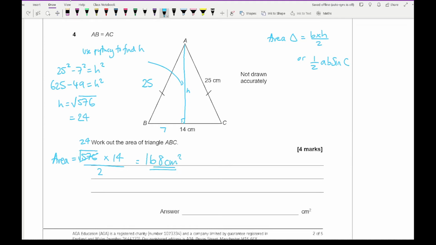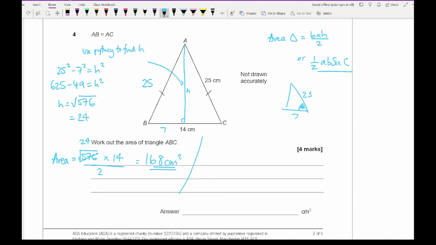Now, an alternate way I could do is use this formula here, half AB sine C. Because this is an isosceles triangle, we can work out the angle from the triangle. If I just take those two sides, I know that is 25 and that is 7.